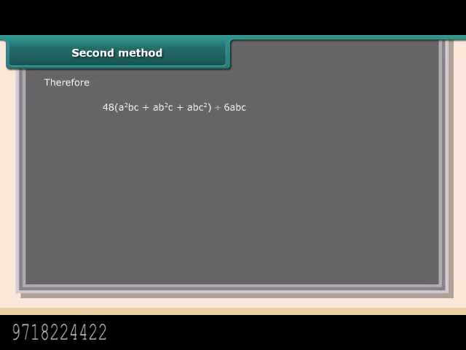Therefore, 48a squared bc plus ab squared c plus abc squared divided by 6abc is equal to 16 into 3 into abc into a plus b plus c upon 3 into 2 into abc is equal to 8 into a plus b plus c. Second method.